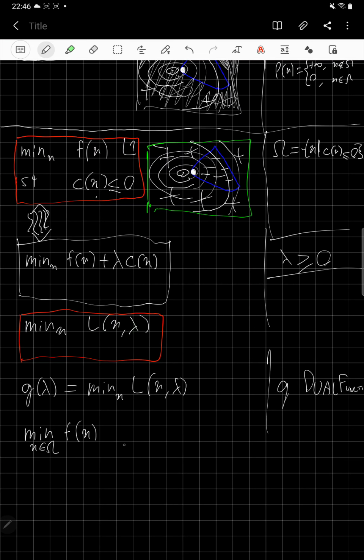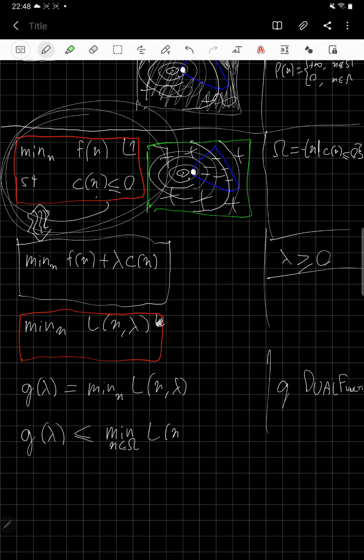But let me put it this way. I'm just claiming that the solution found of our new problem here, which I don't know if it has a name, is smaller than the minimum that was being asked initially.